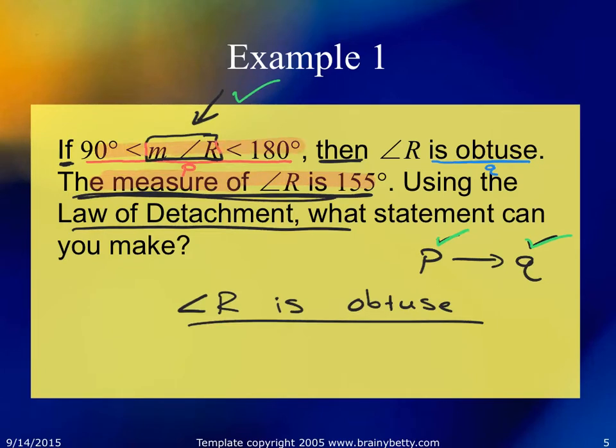It said, if the measure of angle R is between 90 degrees and 180 degrees, and they made a statement that is not the exact same words, but it fits that definition. So that's why I didn't underline it in red. It's not the exact same words. However, being 155 degrees does fall within the range of 90 to 180 degrees. So we know angle R is obtuse.